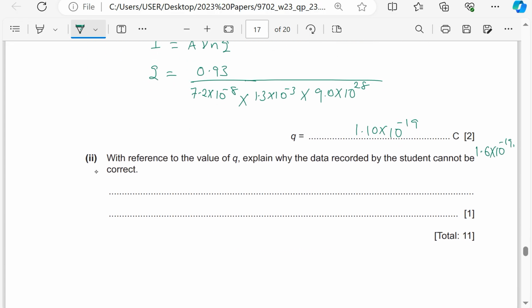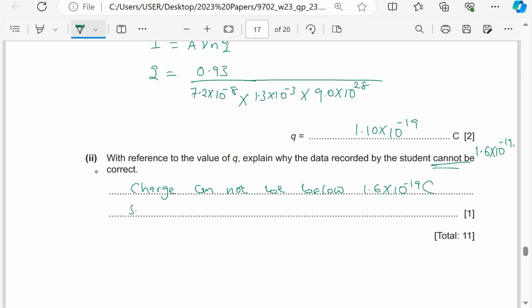With reference to the value of Q, explain why data recorded by the student cannot be correct. It can't really be correct because we know that charge cannot be below 1.6 times 10 to the power of minus 19 coulombs.